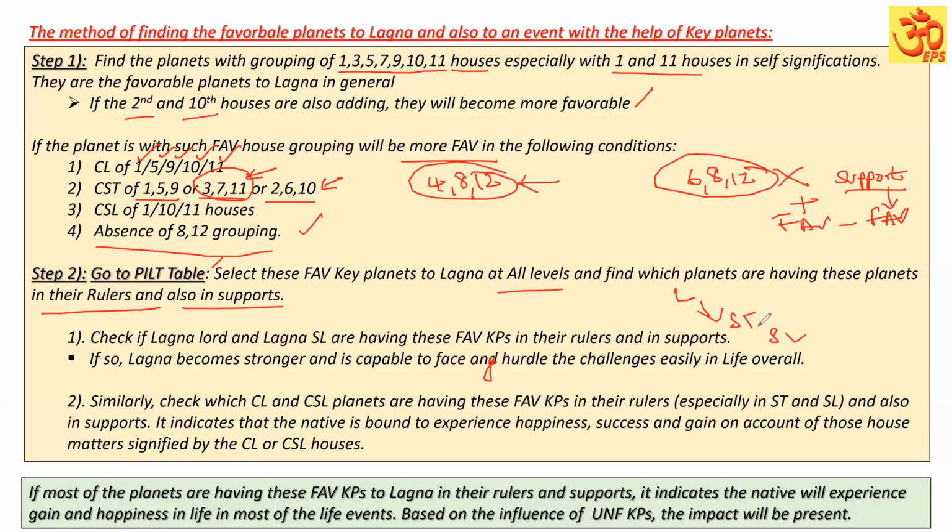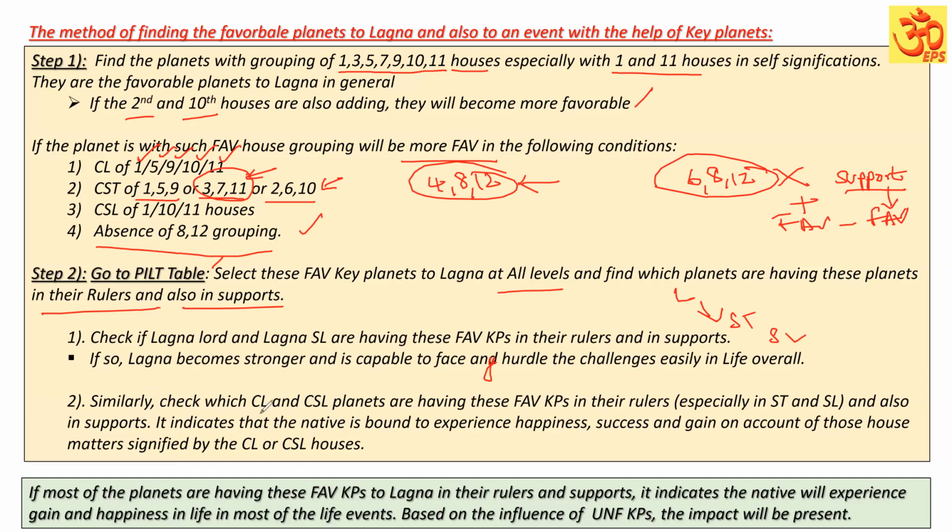Lagna becomes stronger. Lagna will take it lightly. Lagna will handle the situation easily because all have favorable significations to the Lagna, they are not indicating trouble-giving houses to the Lagna. So that way, Lagna becomes stronger and is capable of facing any hurdles or challenges easily in life overall.